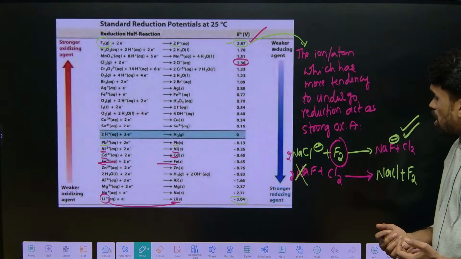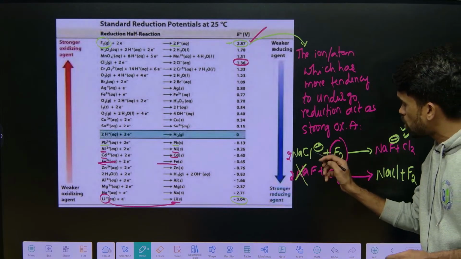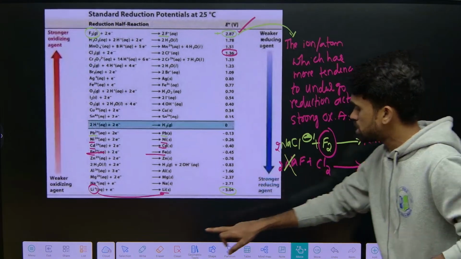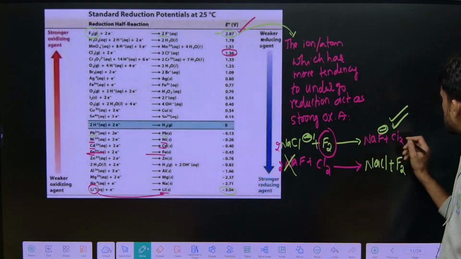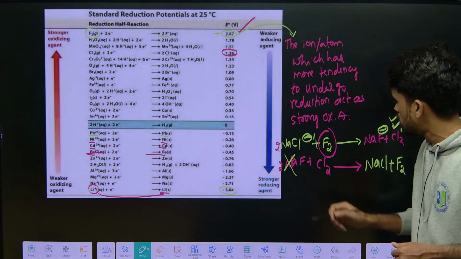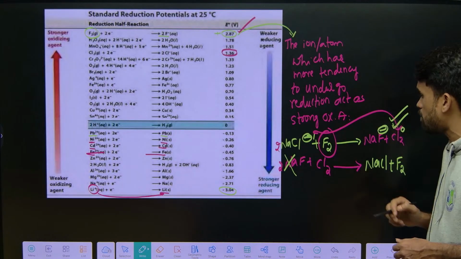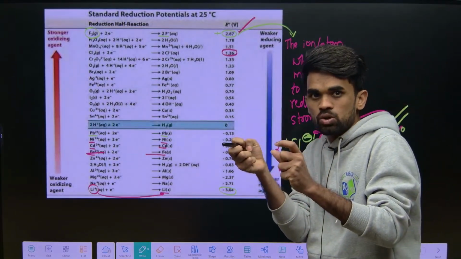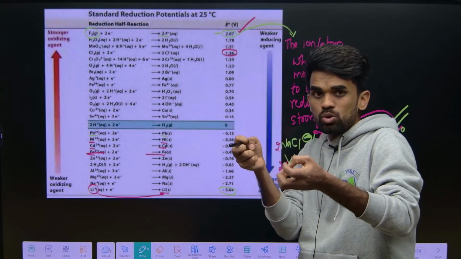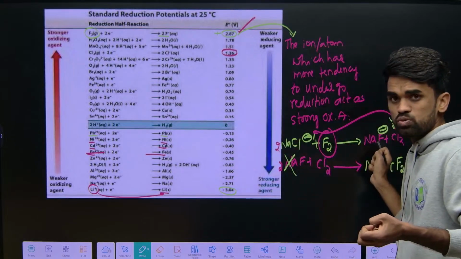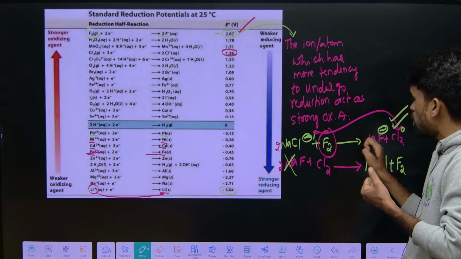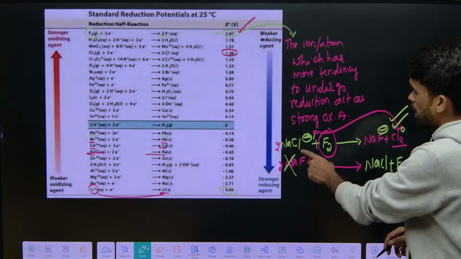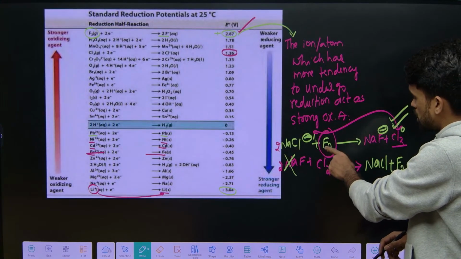What do we mean by oxidizing agent? See what is happening to chloride ion. It is -1, and it converts from -1 to 0 oxidation state. The chloride ion, an anion, is losing an electron and becoming 0. So chloride ion is undergoing oxidation to form the chlorine molecule, and fluorine is undergoing reduction.